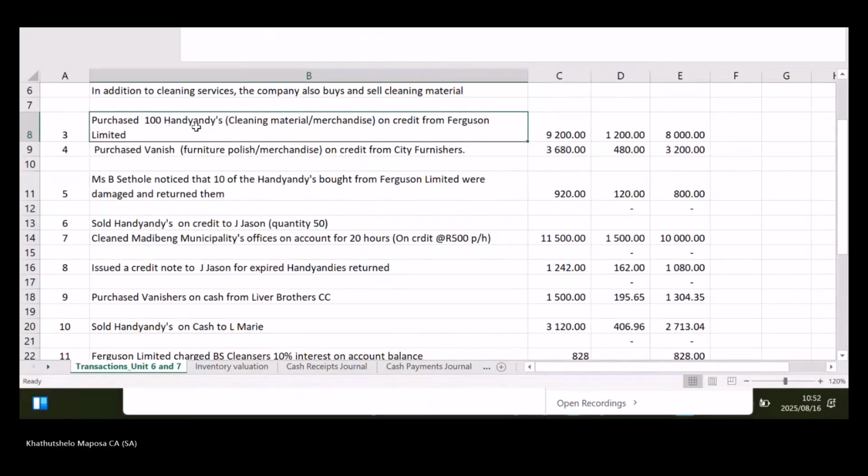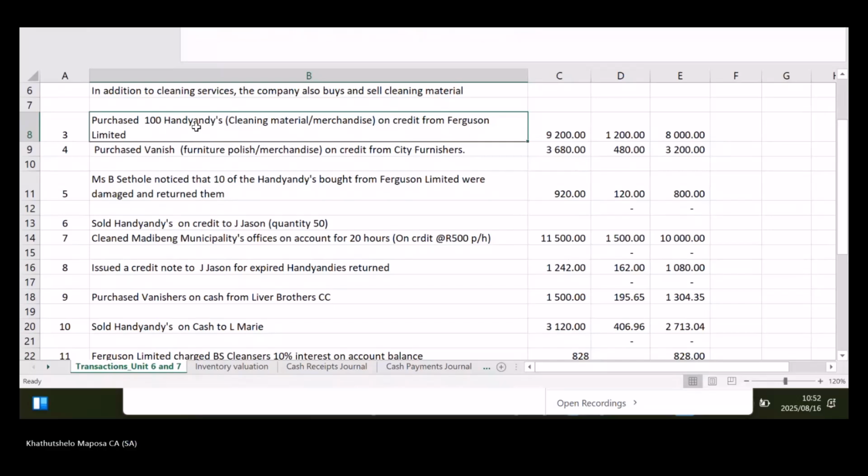We're going to use the CRJ for number 5. I don't know. CRJ is for what we have received. We're dealing with what we have purchased here. It's still purchases returns. Oh yeah, I hear what you're saying. Yes, purchases returns journal.